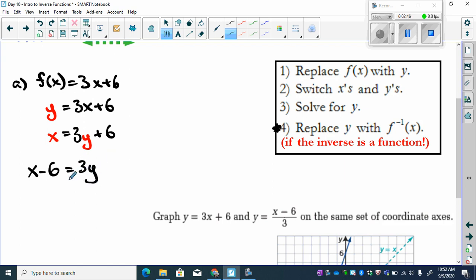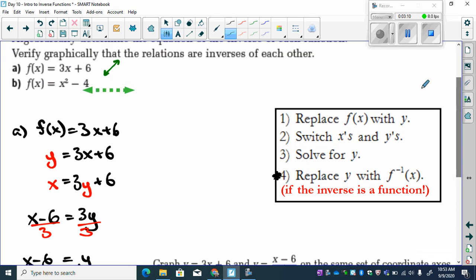Now, I don't care that it says 3y, I just want it to say 1y. So how do I get rid of a times 3? Well, I would divide by 3. That would leave a y here, so I'll divide by 3 on this side and divide by 3 on this side. And there we have it, y equals x minus 6 divided by 3.